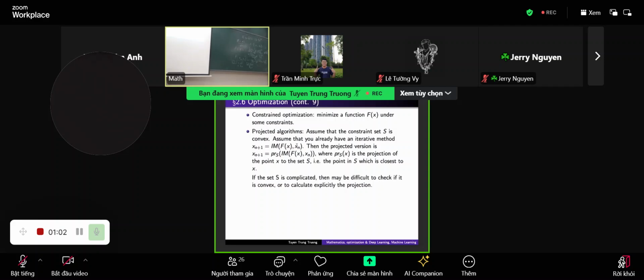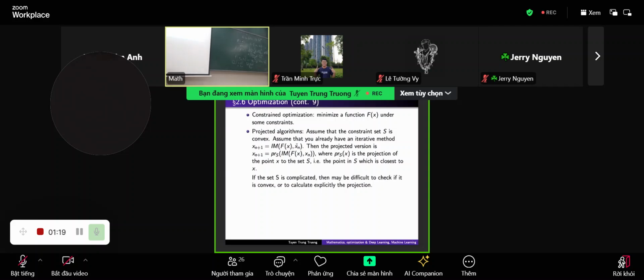So you simply do the projection back into your set if this method goes outside your set. So this is a very simple way to modify any method you want.